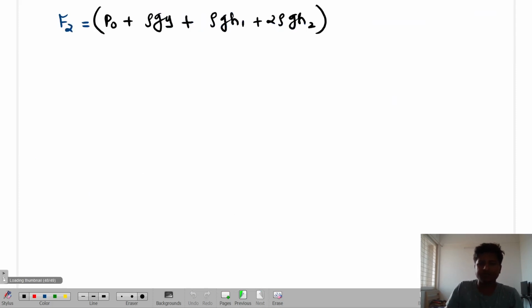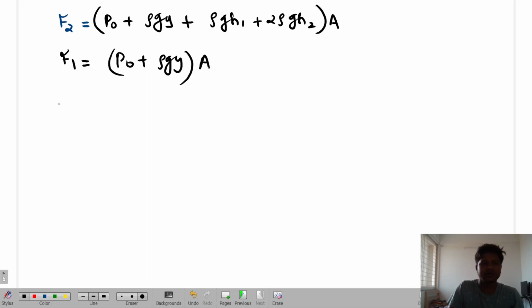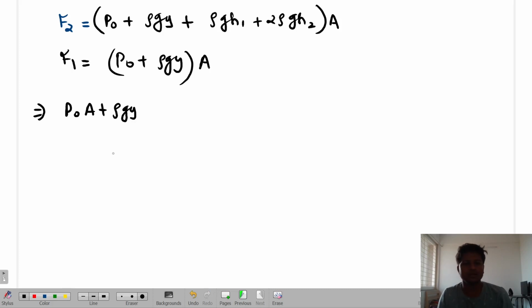And that multiplied with area, this is my F. Similarly, F1 is nothing but P naught plus rho gy into area A, and you can put it P naught A. F2 minus F1 plus rho gy. You have the height, you got the heights H1 and H2 now.